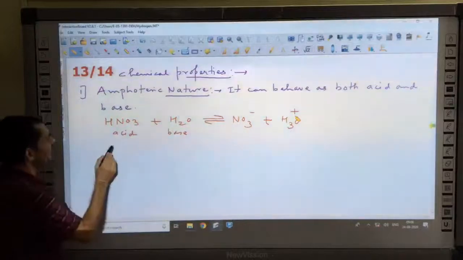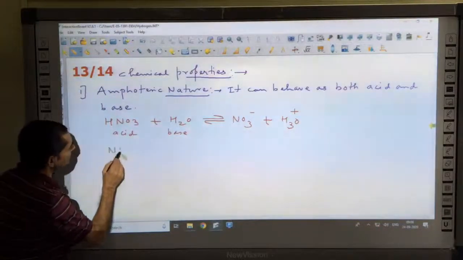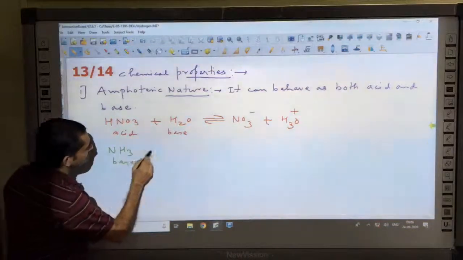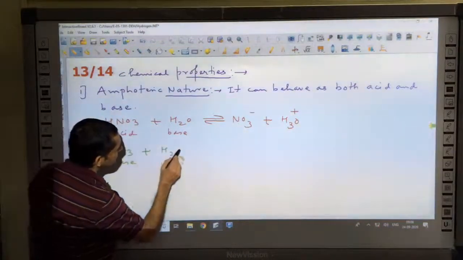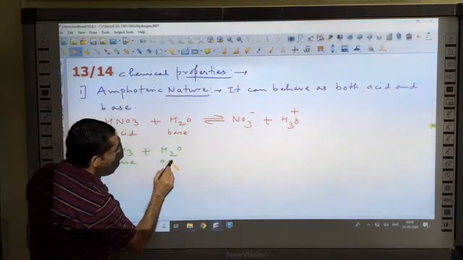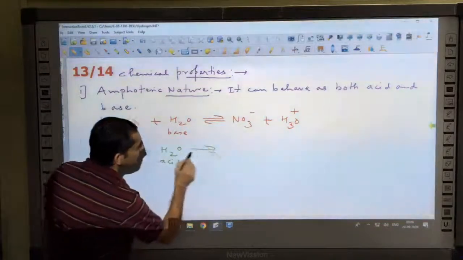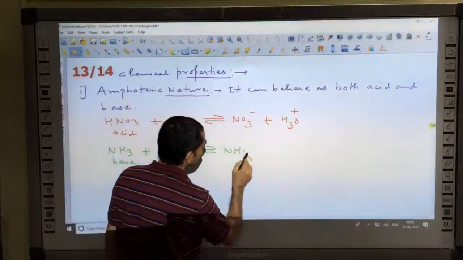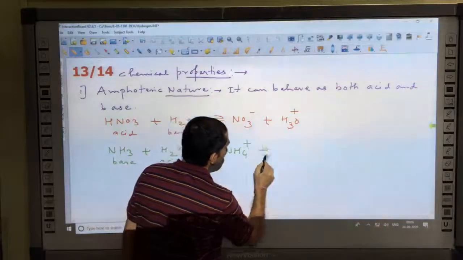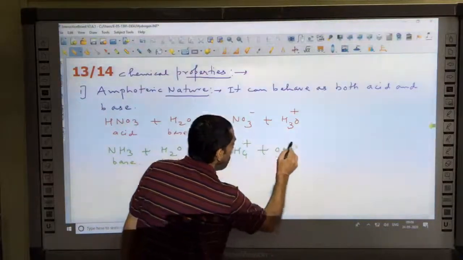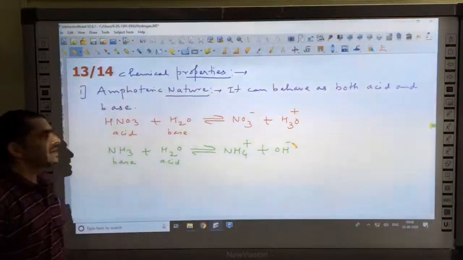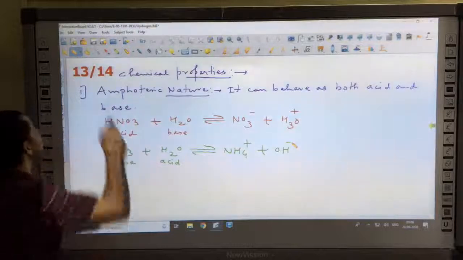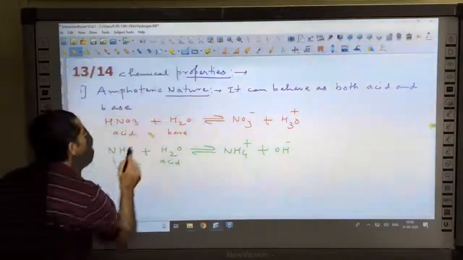Similarly, if we react water with a base, you see ammonia is a base and water reacts with it. Now here water will behave as acid. What will be the product? Ammonium ion plus OH negative ion. So this water is amphoteric. It can behave as both acid as well as base. Clear?